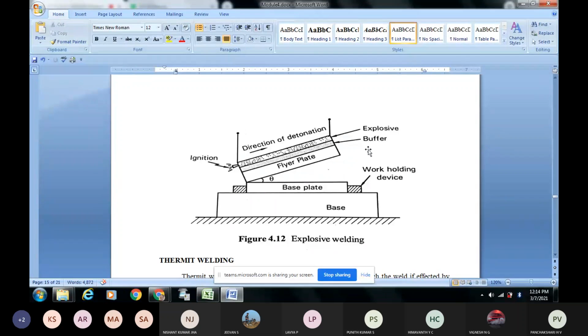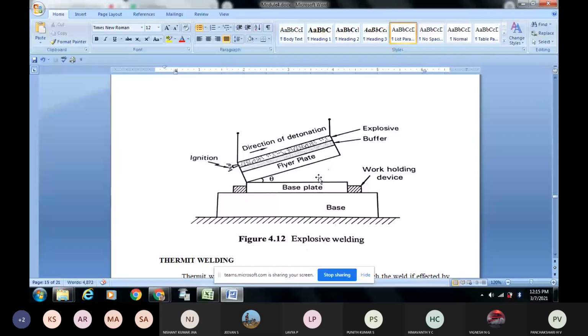For that purpose, there is a buffer thickness of some material. Above this buffer, you can see the explosive, also called the detonator. It is placed along the length of the flyer plate. So this is the basic initial arrangement of the workpieces to be welded.